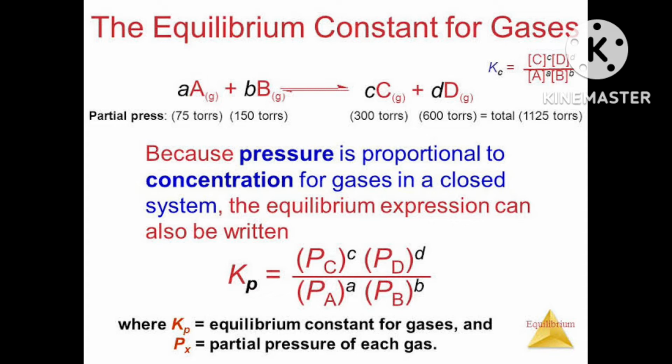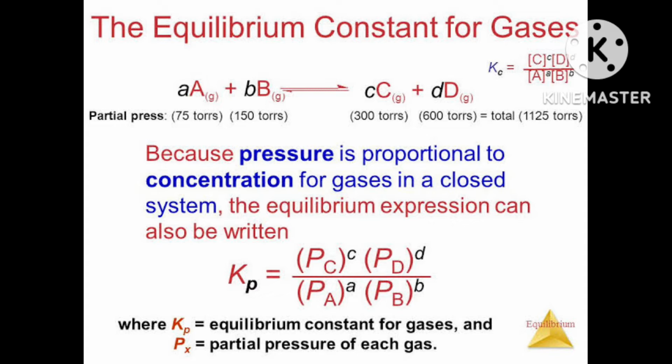For the forward reaction, rate of forward reaction is equal to K1 into concentration of A into concentration of B, and for the reverse reaction, rate of reverse reaction is equal to K2 into concentration of C into concentration of D. The important thing I told you: at equilibrium both rates are equal.